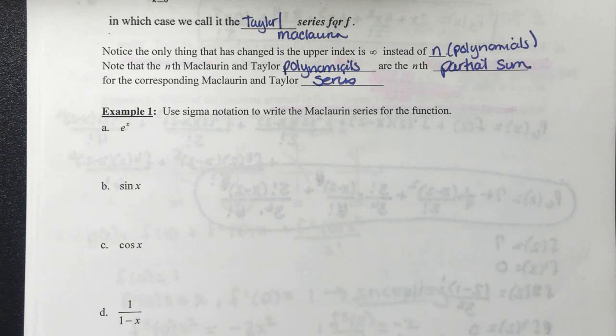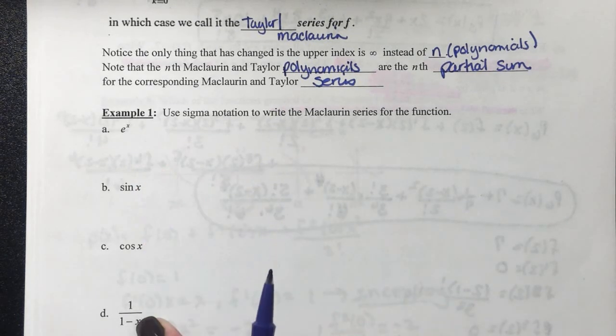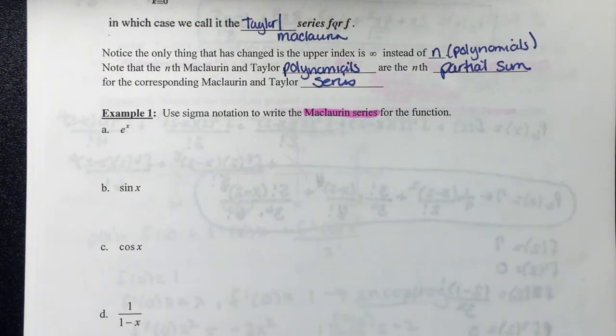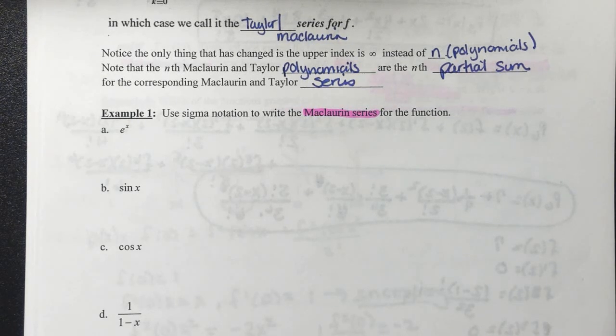Some of the problems are written to force you to know it, because you're not going to want to waste your time generating these by hand and then performing other operations indicated in the problem. Some very common ones that we're going to add to your file folder, the Maclaurin series you really should have memorized, are these four: e to the x, sine x, cosine x, and 1 over 1 minus x. They come up so much, and we do a lot of variations on them, that it is very helpful.